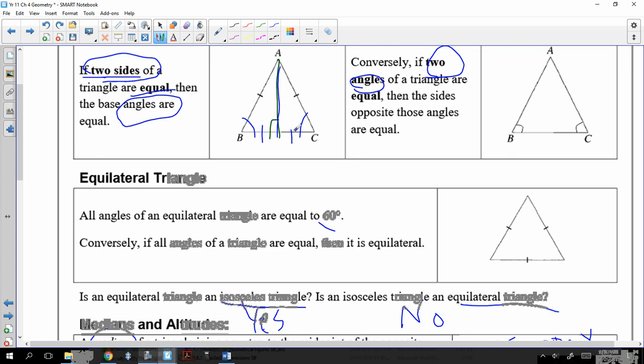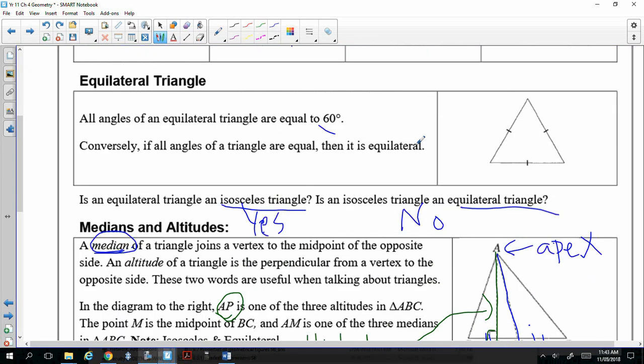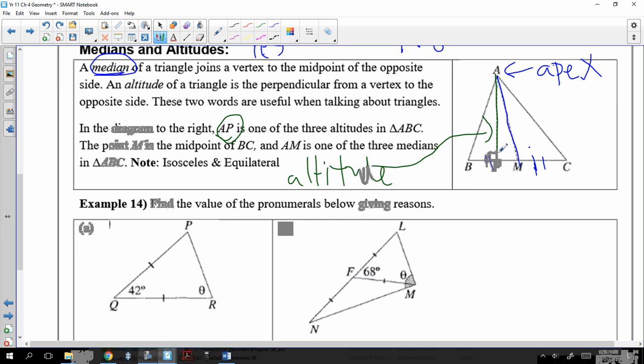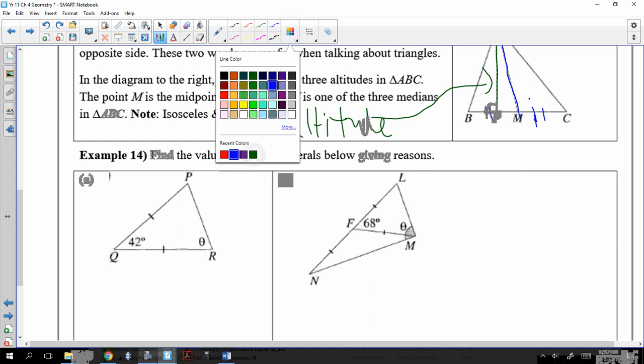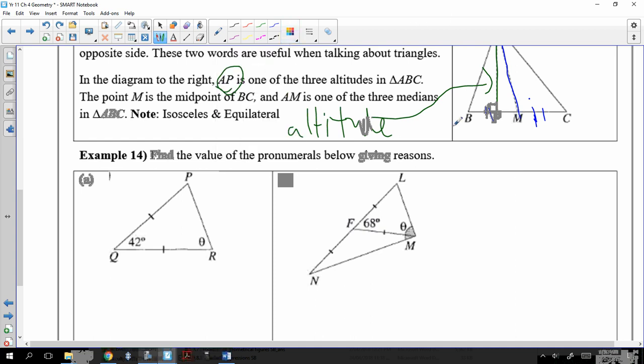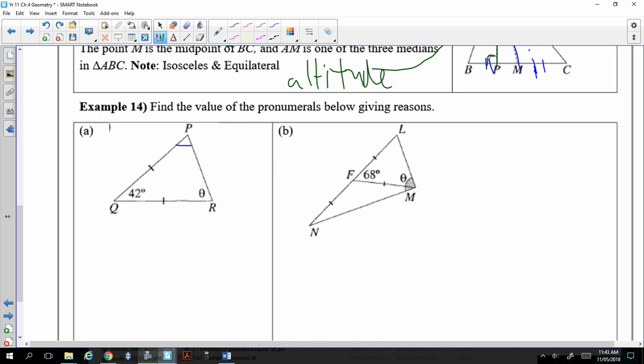Okay, let's work out some missing angles. We'll start with the first one to find theta. Because you know it is an isosceles triangle, you say angle QPR equals angle QRP equals theta. And the reason you write is base angles of isosceles triangle.